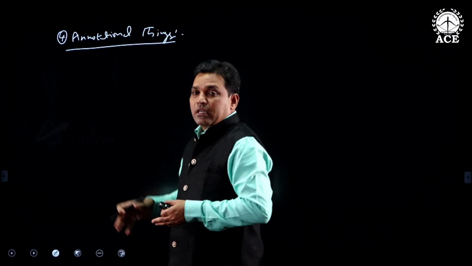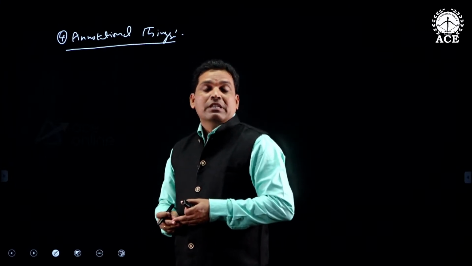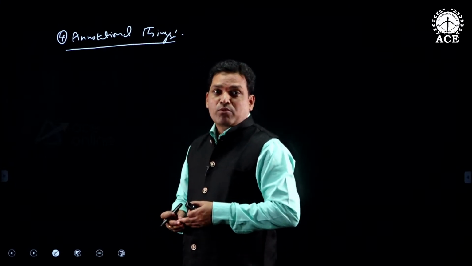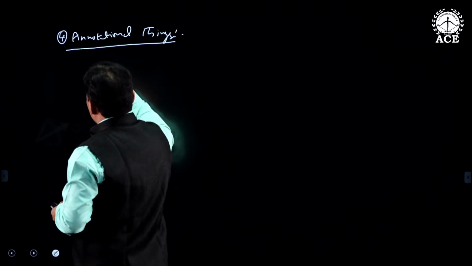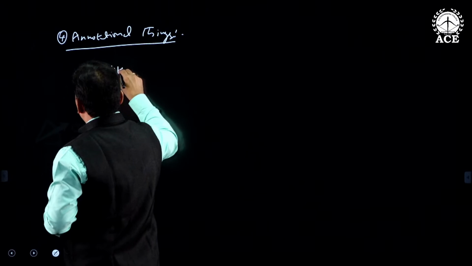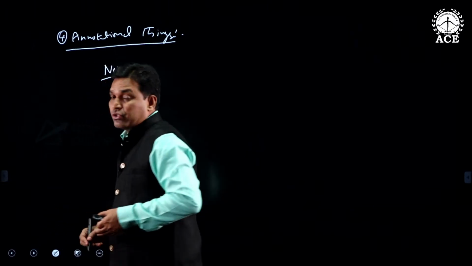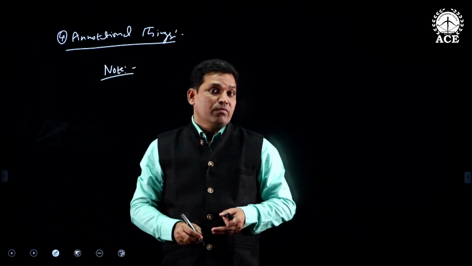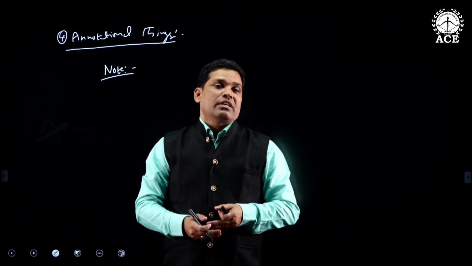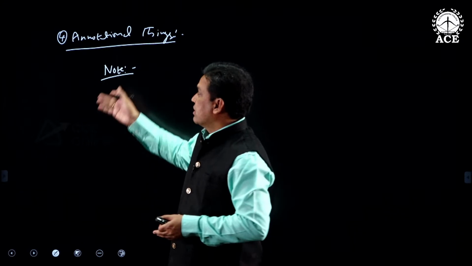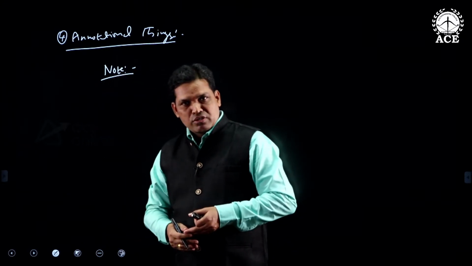The designed model is supposed to be given a description, and that can be represented by using these annotational things, which we call a note. A note can be attached to each and every element of UML, so that a description about each model can be given in the form of a note. So that is the importance of a note.